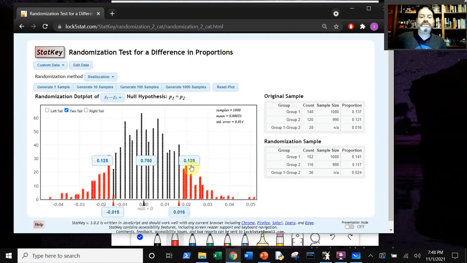You can see that our p-value is the right side, and it's a two-tail, so we double it. So our p-value is around 0.25, because it's 0.125 doubled. But what we really want is this standard error here. If you're following along in StatKey, you might have a different standard error depending on how random the calculations are.